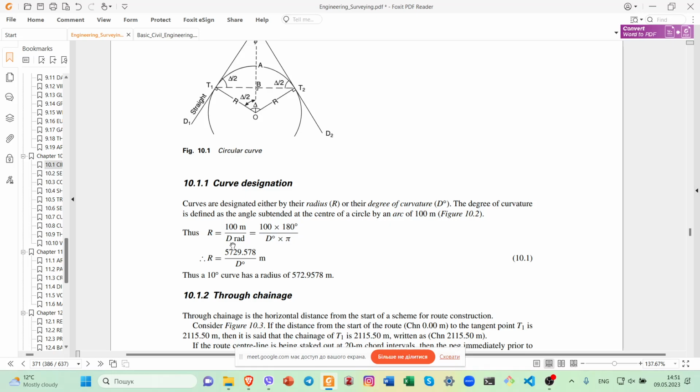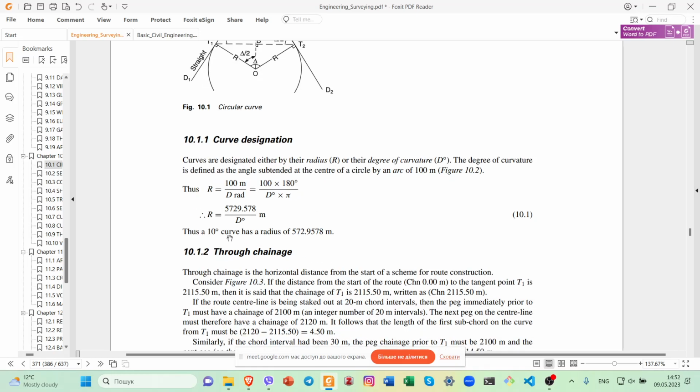Thus, radius is equal to 100 meters divided by D in radians. Thus, a 10 degrees curve has a radius of 572.9578 meters.